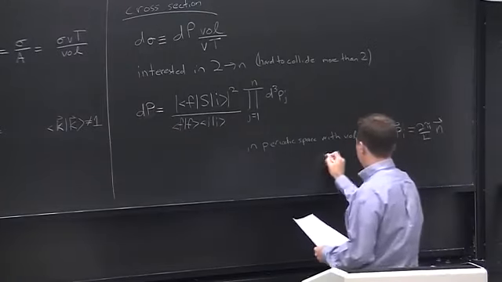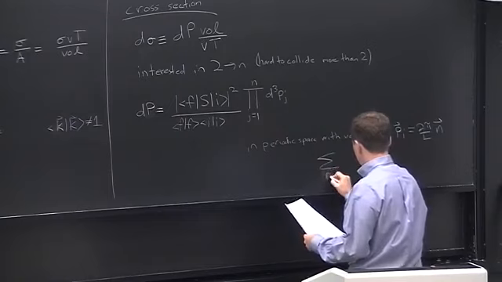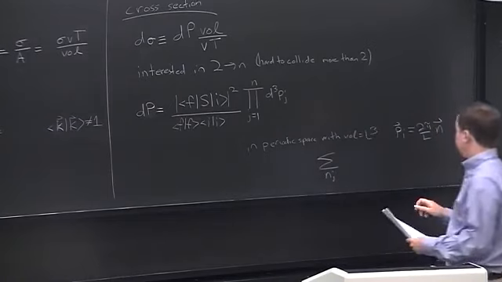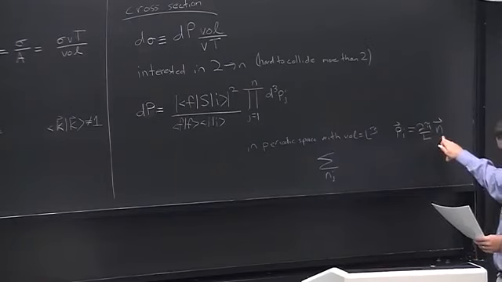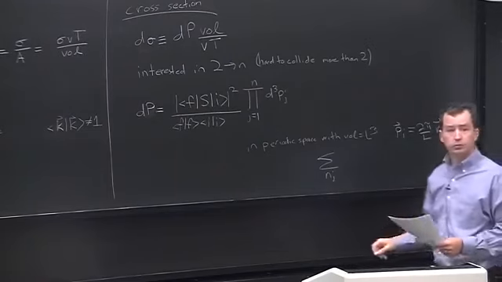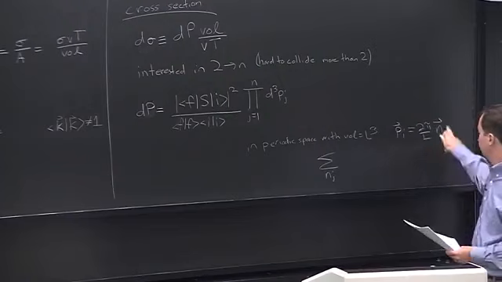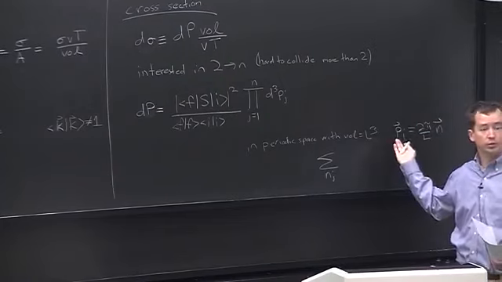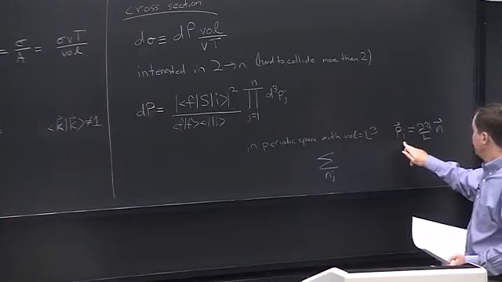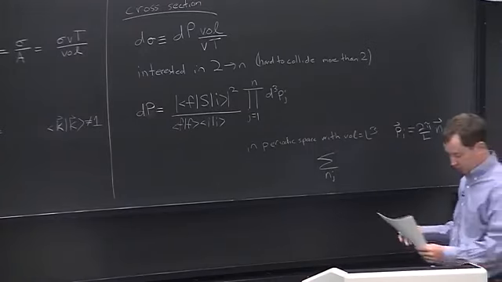And in that case, summing, we want to sum over the n's. That would be the normalized way to sum over the final momenta in the periodic space.